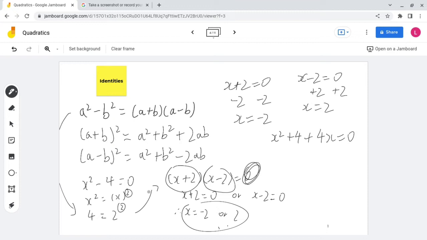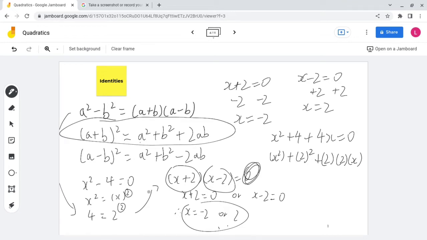So x squared equals x squared plus 2 squared plus 2 times 2 times x. Do you see any logic here? If you can compare it to this one, a squared corresponds to x squared, b squared corresponds to 2 squared, 2ab corresponds to 2 times 2 times x.